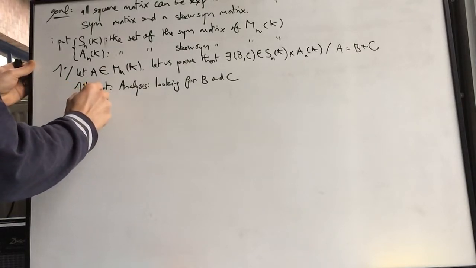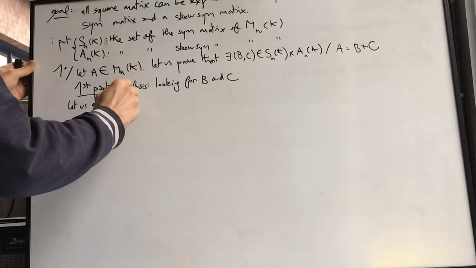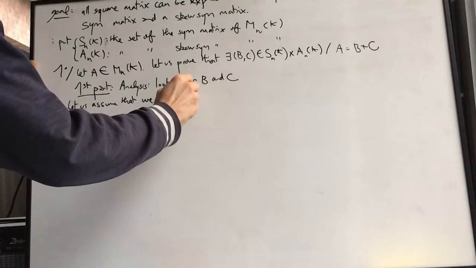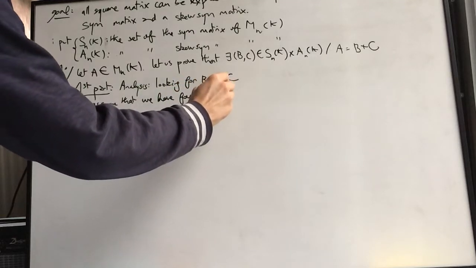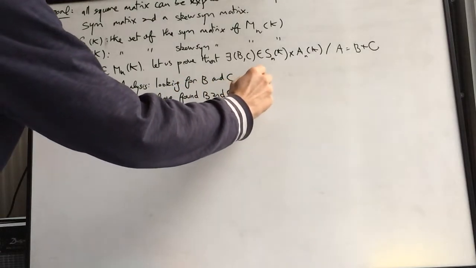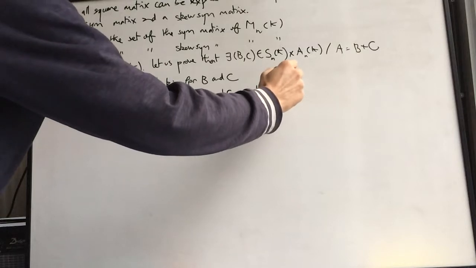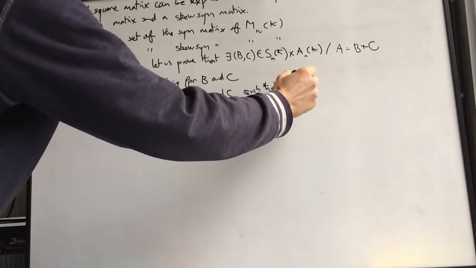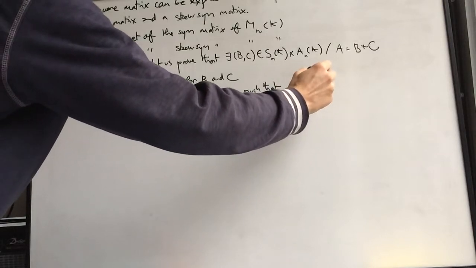Let's assume that we have found B and C such that B is a symmetric matrix, so B belongs to S sub n of k.